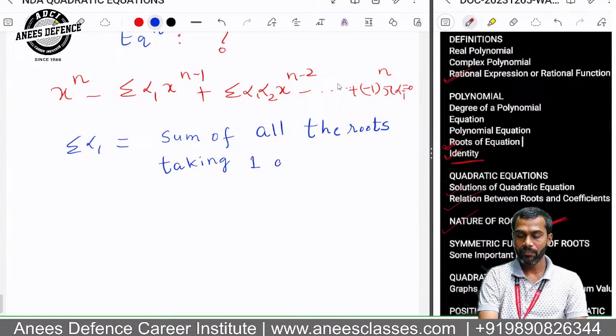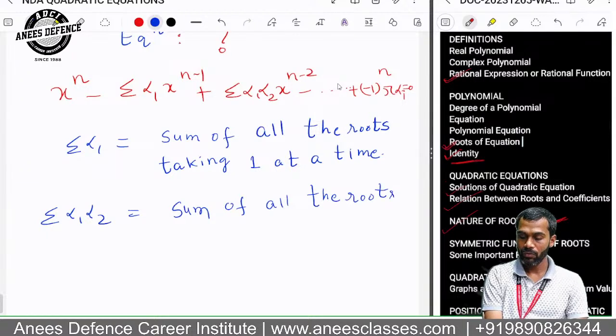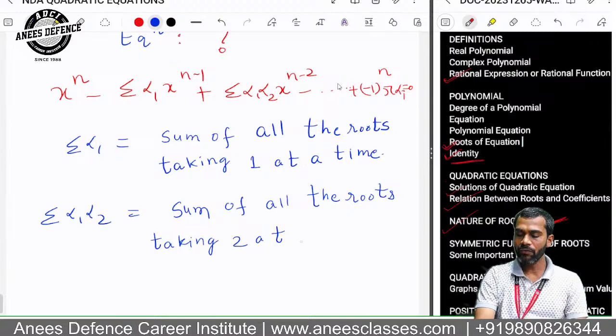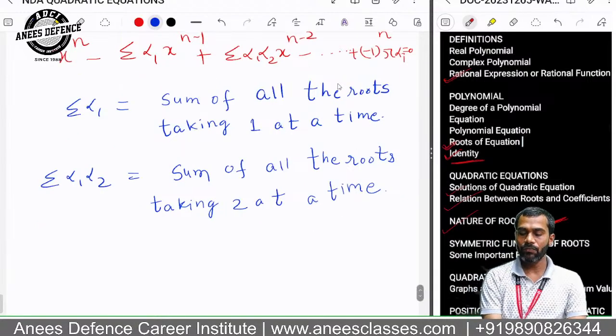Sum of all the roots taking 2 at a time. So this we have already covered, so that is why I'm covering it a little faster.